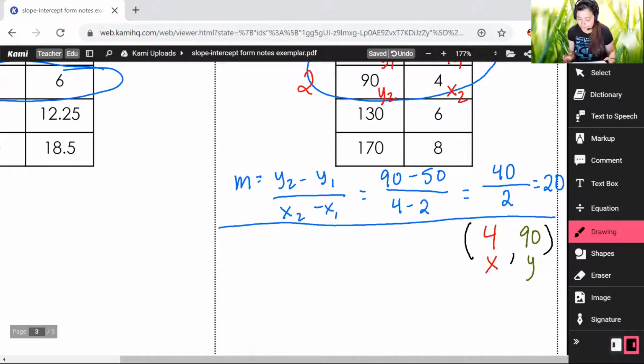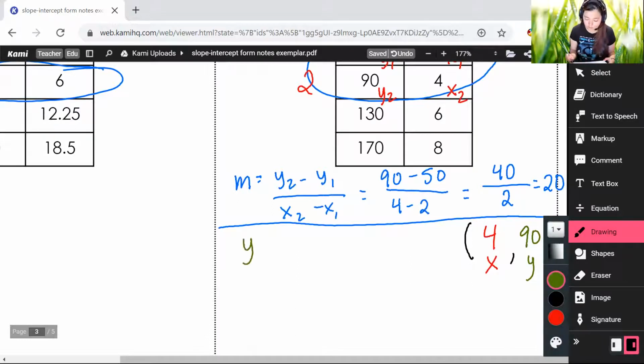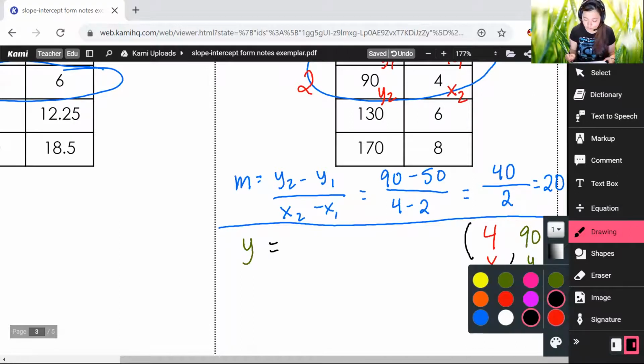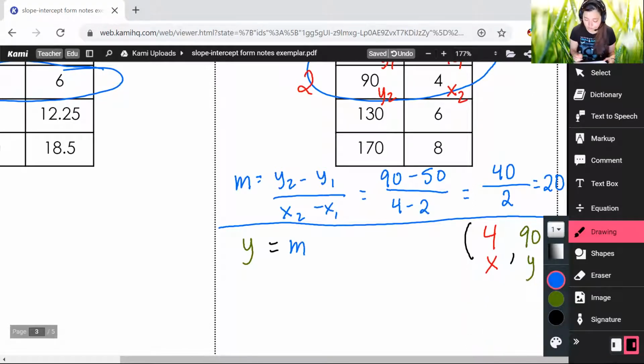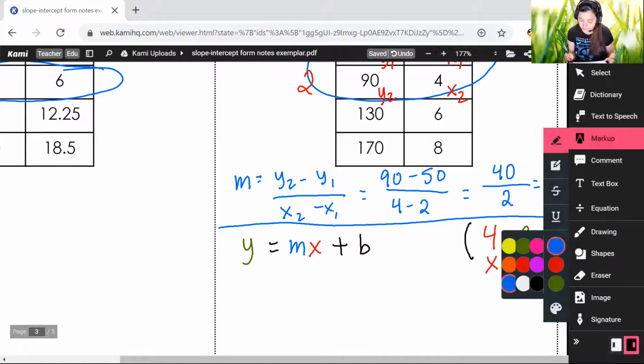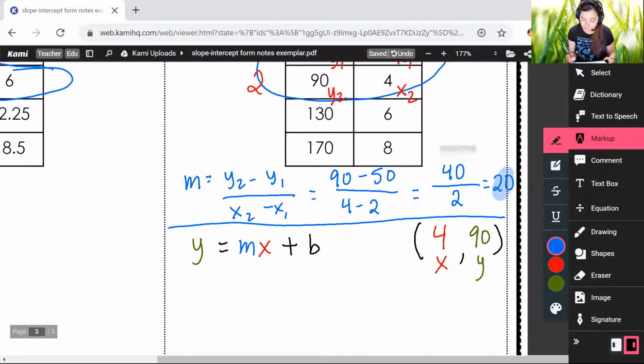Okay, so we have that. And we know it's supposed to be y equals mx plus b. We will highlight. So here's our slope.